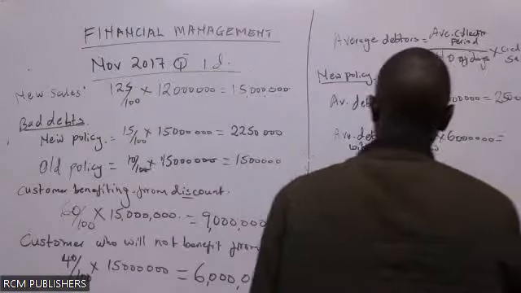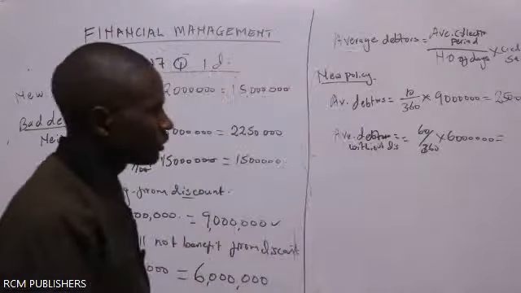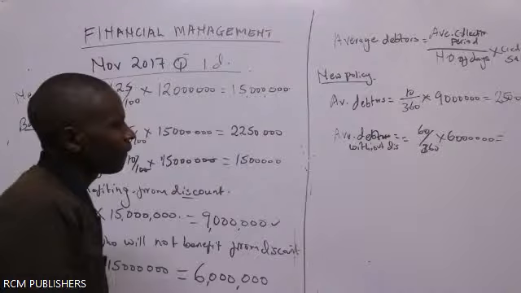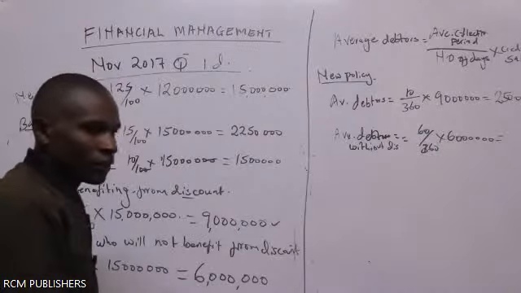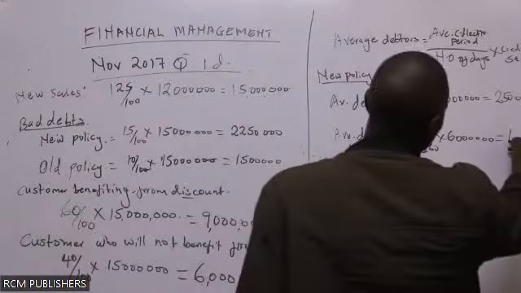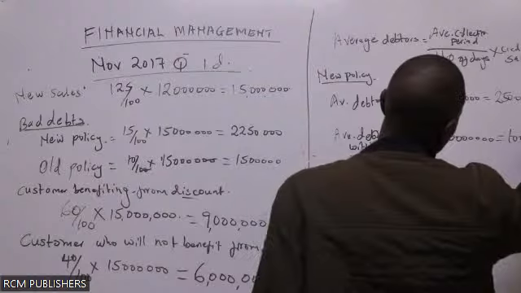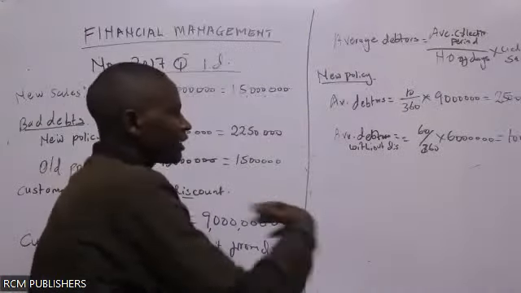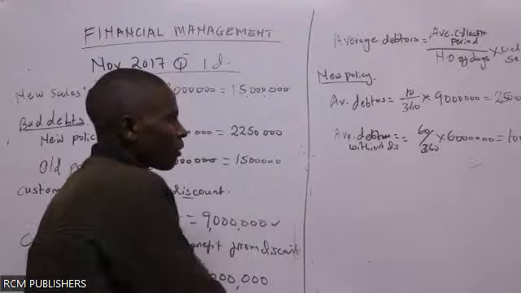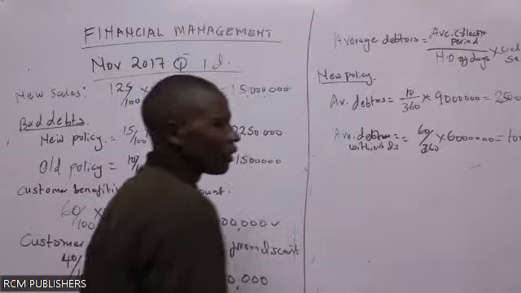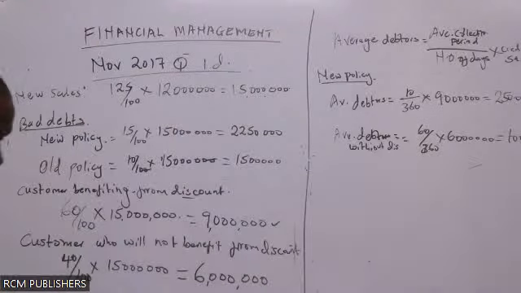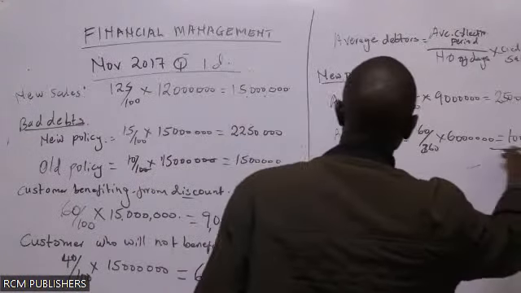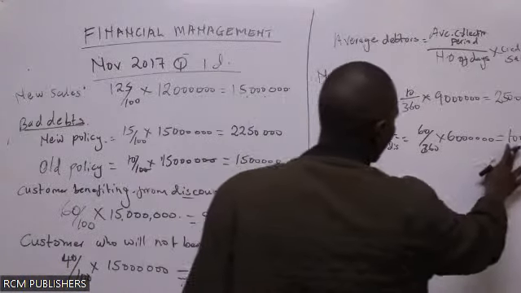Then the other one itakuwa ngapi? In 360, 1 million. So what will be the total average data? Yes, regardless whether watapata discount ama hawatapata, the total average data itakuwa ngapi under the new policy?